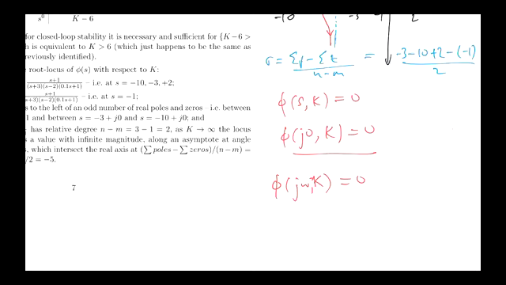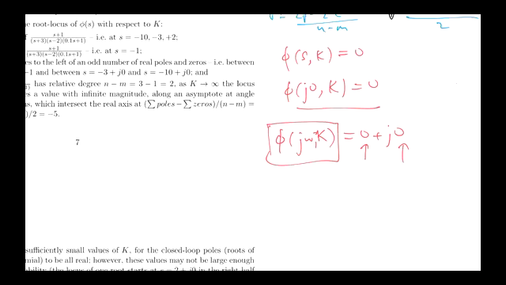But in general, if you're looking for where the root locus crosses the imaginary axis, you need to look for the frequency as well as the value of k that puts it there, right? So we need two equations to solve for two unknowns, right? And we can get the two equations because this is a complex number. And we're trying to make that complex number have real part equal to 0 and imaginary part equal to 0.